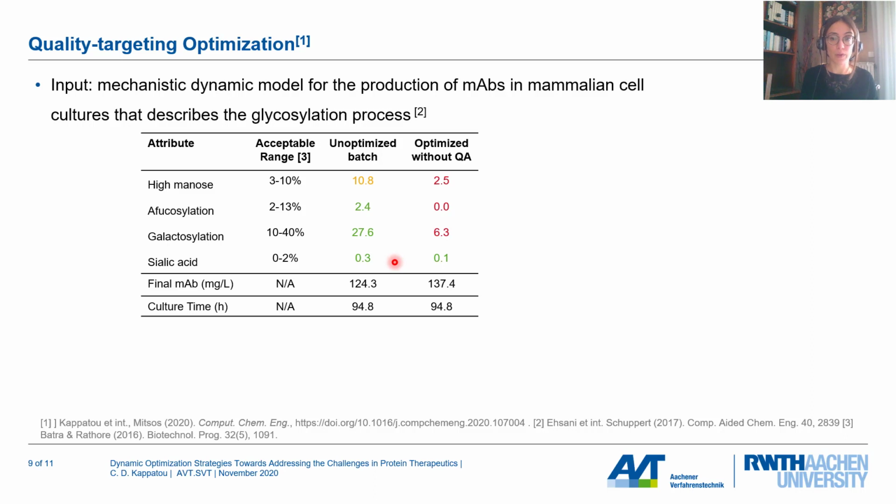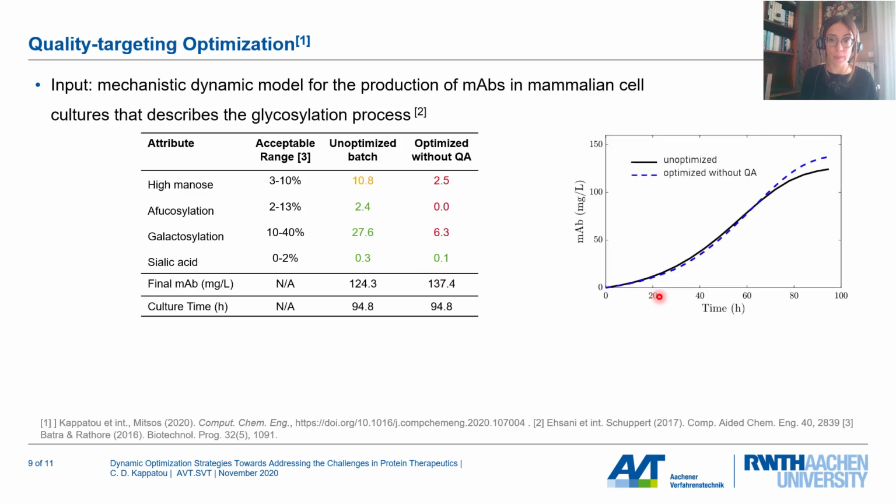And then we performed the optimization with an objective to maximize the product titer as we used previously. And we saw that by doing so, we no longer satisfy 3 of our 4 quality attributes, which is quite interesting if we consider that's what we have been doing so far and what most people do when they optimize a process without incorporating quality attributes.